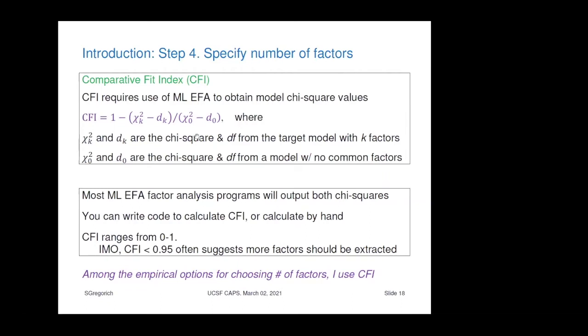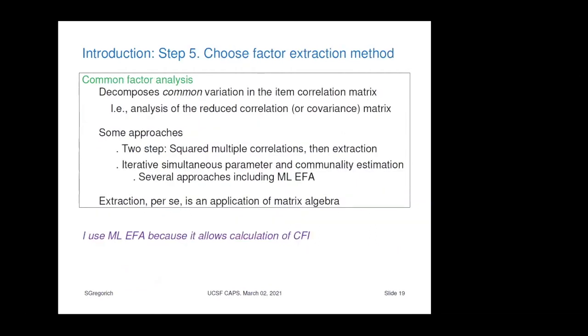That is what I use in this context, and it's saved me a lot of grief versus doing things like scree plots. I'll get into scree plot and eigenvalue greater than 1 rules when we get to the example application.